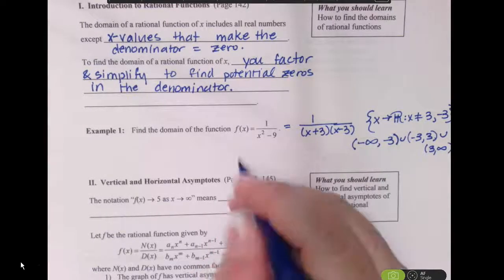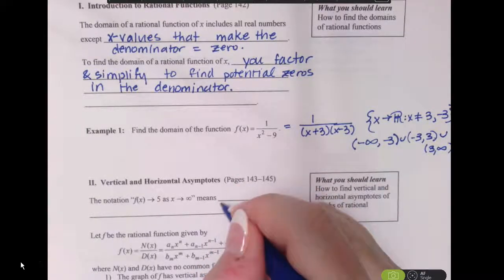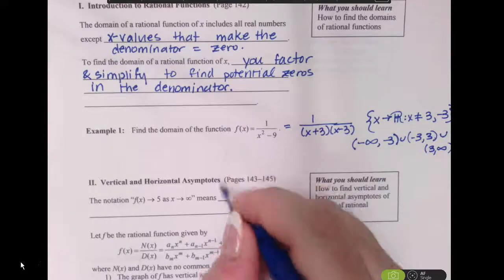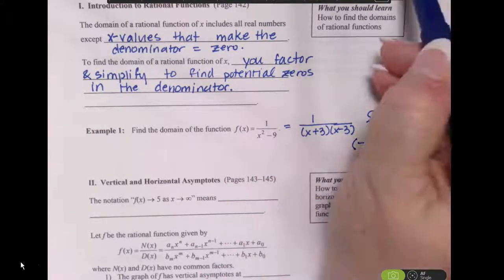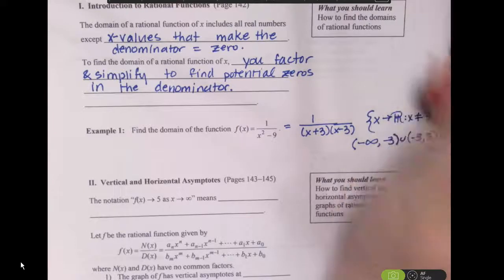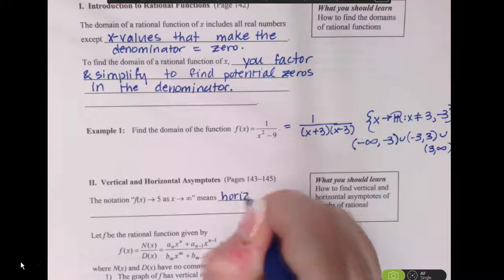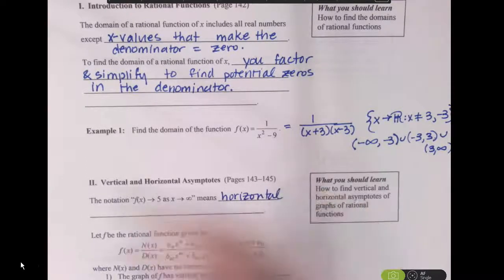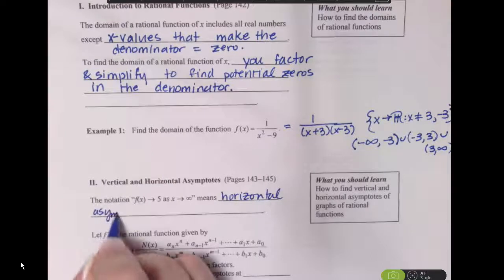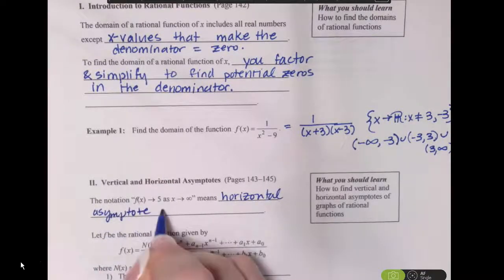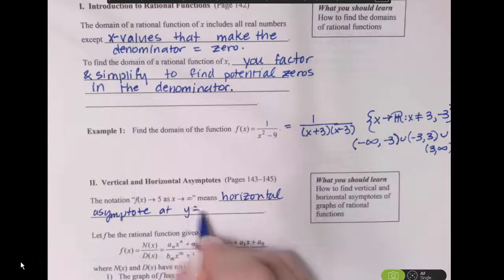So that means as x gets greater and greater, my function is going to get closer and closer to 5. So it also means there's a horizontal asymptote at y equals 5.